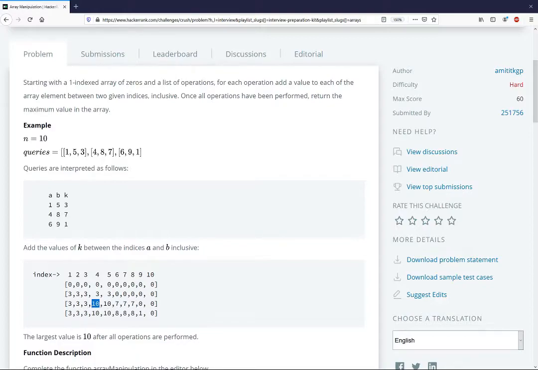So when we have 4, 8, 7, entry 4 is going to be 7 greater than entry 3, and entry 9 is going to be 7 less than entry 8. In the quote-unquote derivative for this instruction 4, 8, 7, you would have a positive 7 in entry 4 and a negative 7 in entry 9.